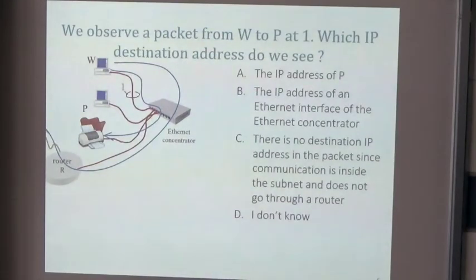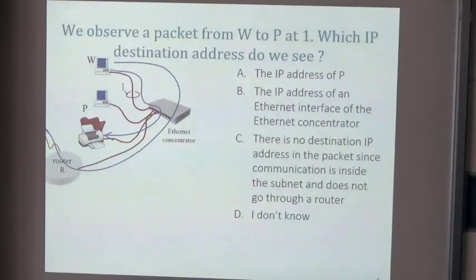So we saw that a minute ago, the principle of IP is we don't use routers to go in between, but there is always an IP layer. So if a TCP-IP host speaks to another TCP-IP host, there is always an IP layer. So there is always an IP destination address, even if W talks to P. If you use TCP-IP, there must be an IP destination address, but it's not used.